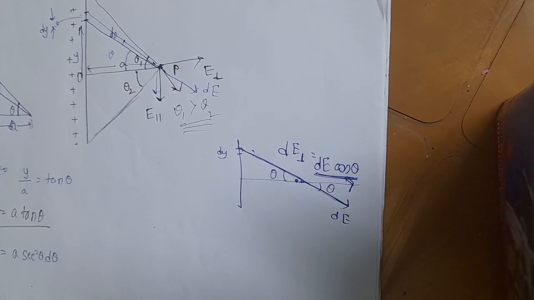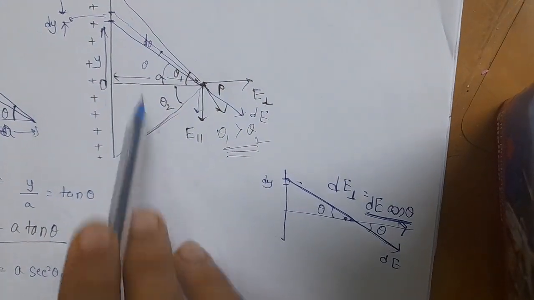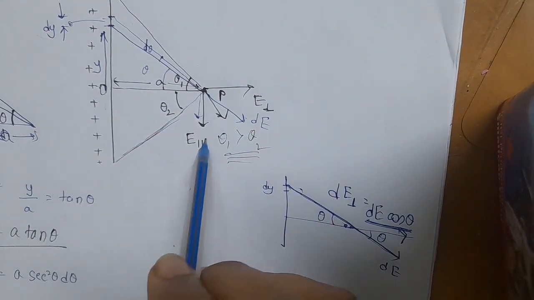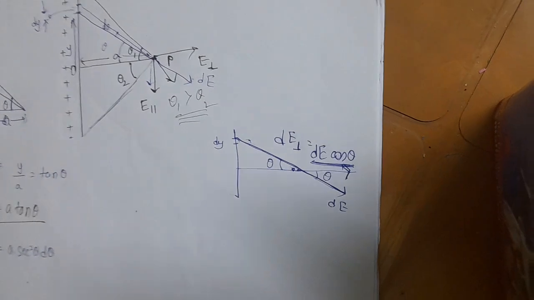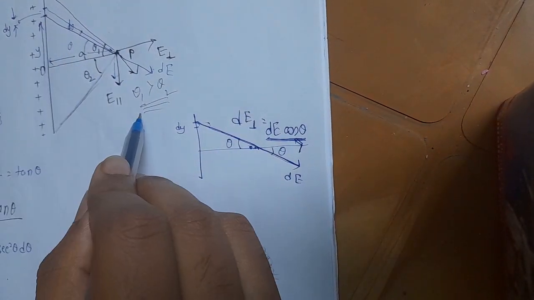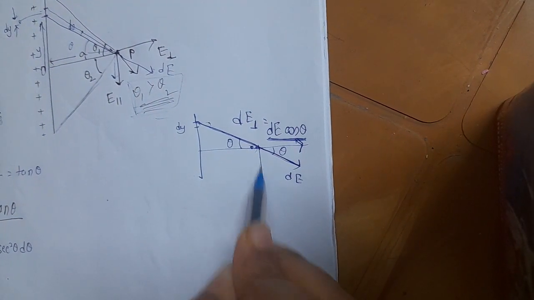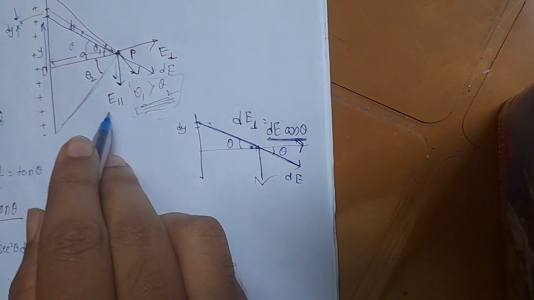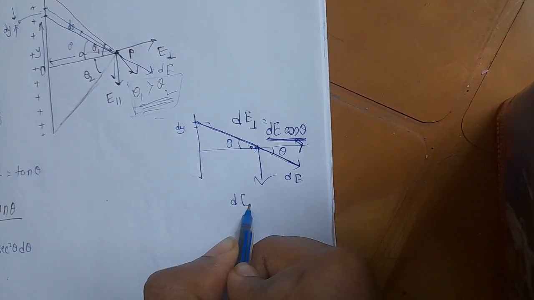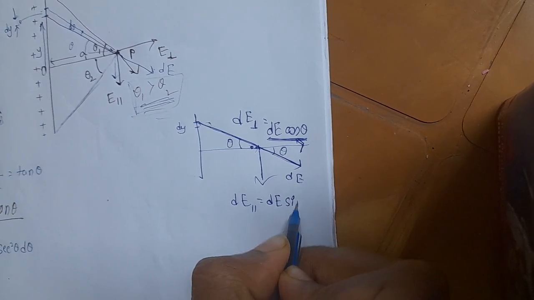In the case of a perpendicular bisector of the wire, you might have understood that because of equal contributions from upside and downside, the parallel component will get cancelled. And in this case, theta 1 is greater than theta 2, so the component will be downside. The parallel component of E, as I have said earlier, will be dE parallel equals dE sin theta.